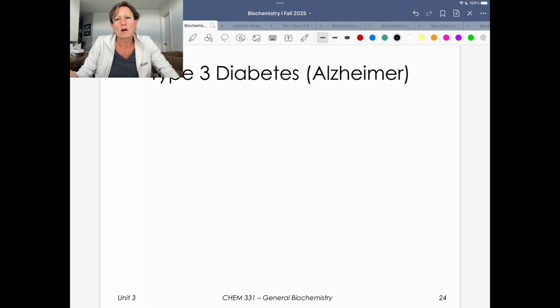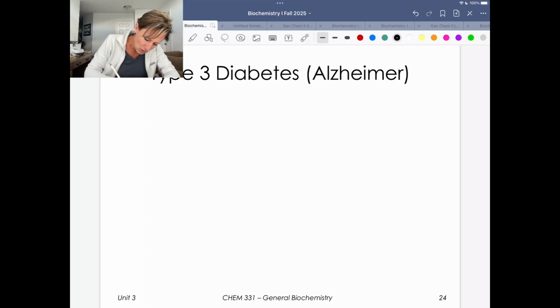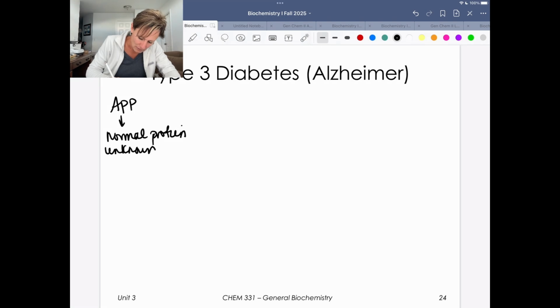So first, let's talk about what happens to generate these insoluble plaques that are a hallmark of things like Alzheimer's disease. Well, there is a protein in your brain called APP. It's a normal protein, but right now has an unknown function.